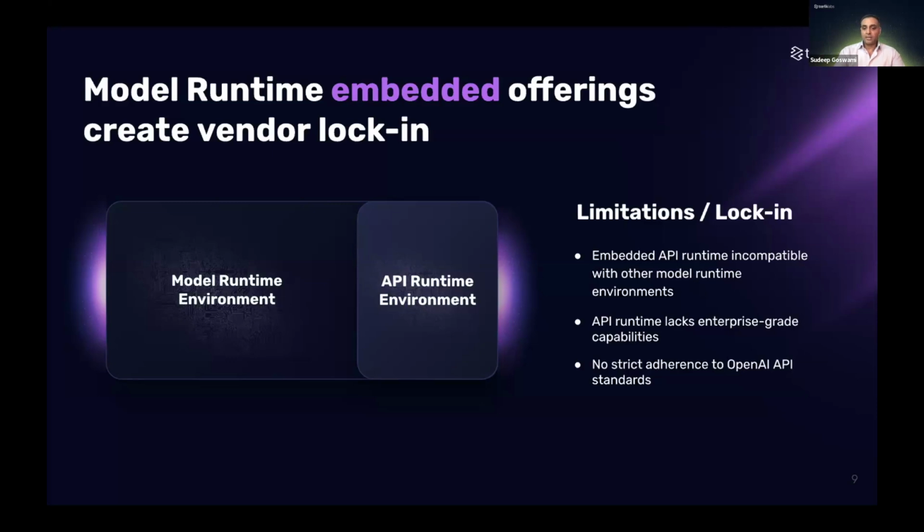And the third is that we see a relaxed posture and a relaxed approach towards standards. For example, one of the things we've seen very commonly is the OpenAI API standard is not properly adhered to when you try to integrate these two.